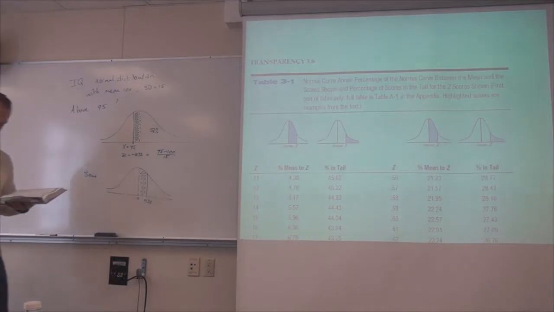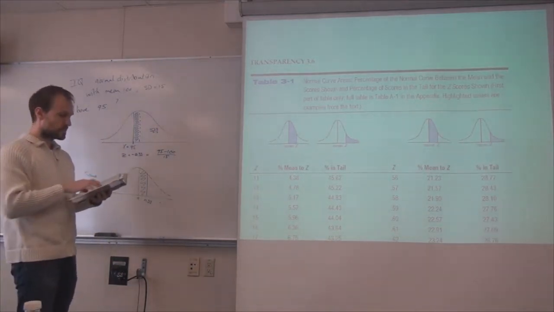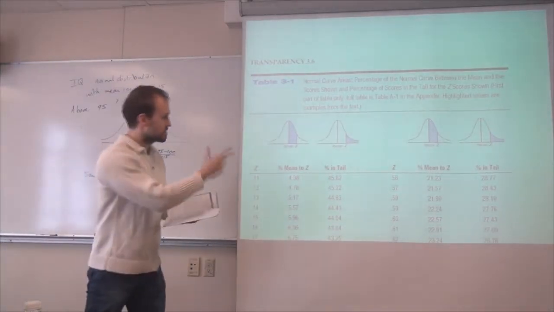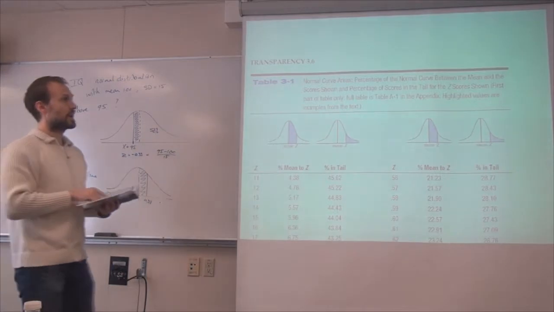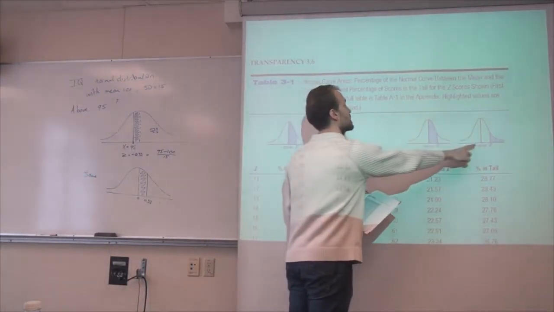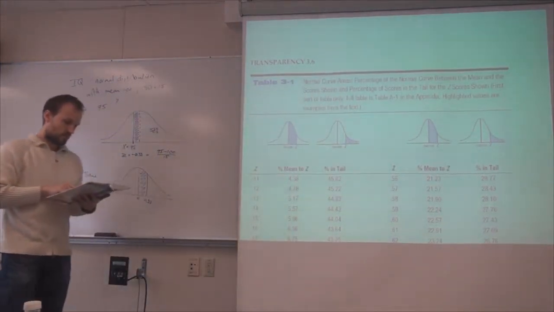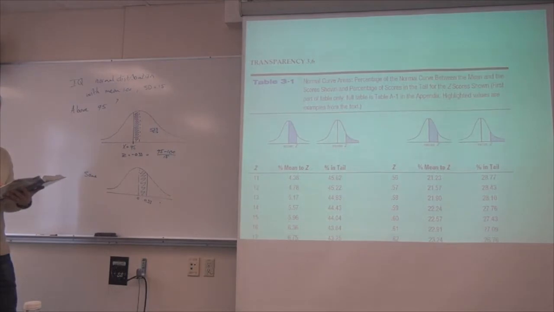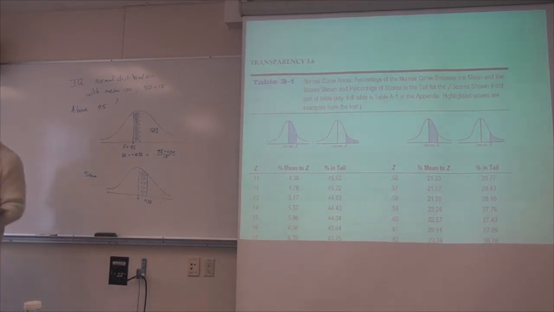That will be on page 673, second column. Is it on here? No, it's sadly not. 0.33, and now I'm going to look at this one. We're going to look for this one, not the tail: the percentage mean to the z-score. 0.33, what do I get? 12.93.